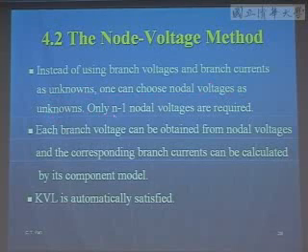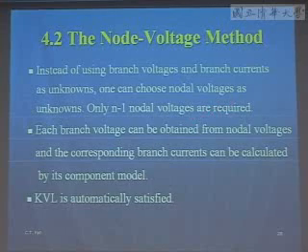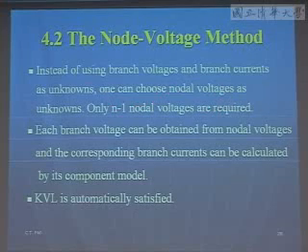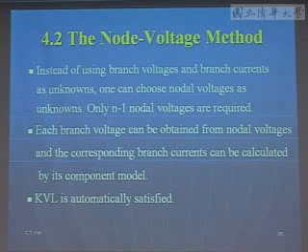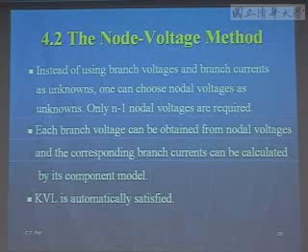Okay, and we know we have only n-1 node voltages. We have only n-1 node equations that are independent. Last time we talked about how to write the KCL equations for each node. For a circuit, there are n nodes. However, only n-1 node KCL equations are independent.